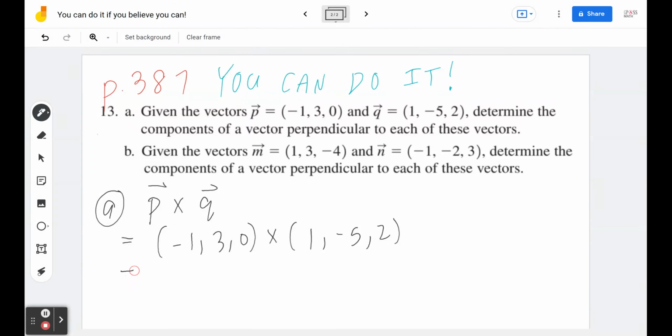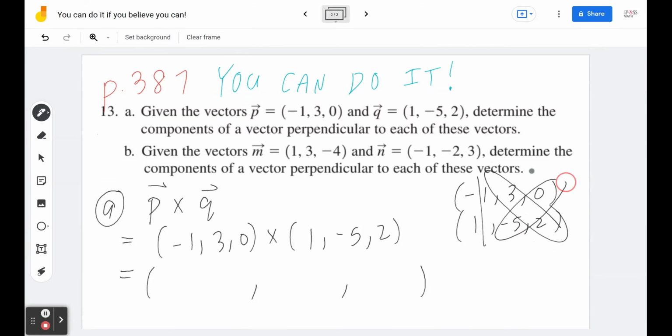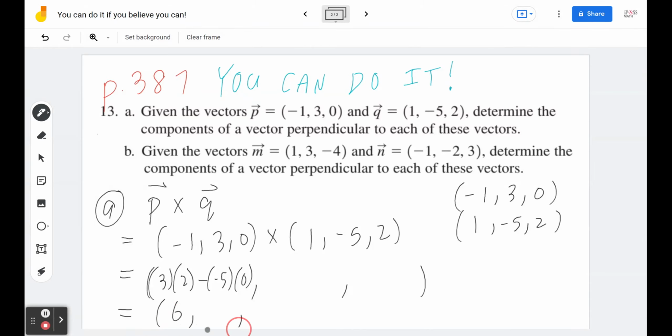The way you do this is you copy the vectors such that the first vector is at the top, second vector at the bottom, and in the x component, you take 3 times 2 minus -5 times 0, which is going to be 6 minus 0, so that's 6.